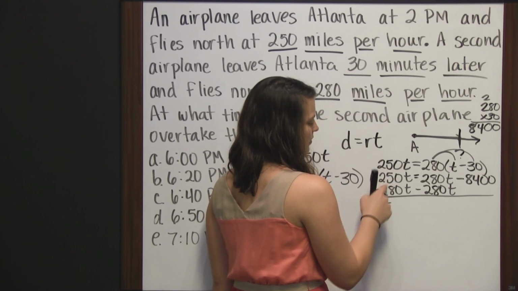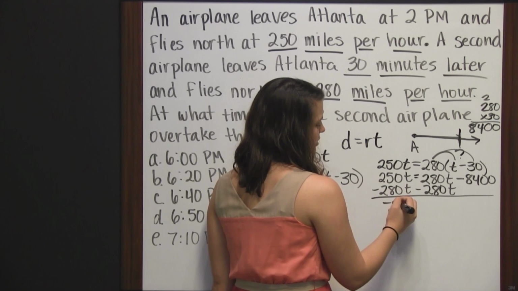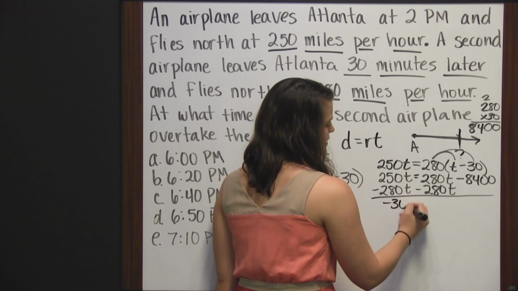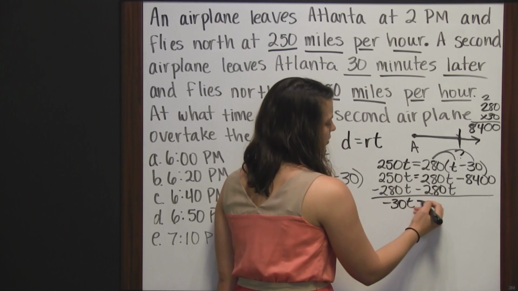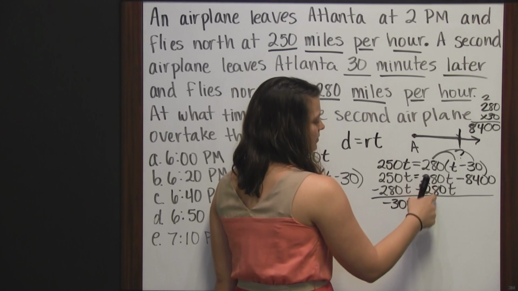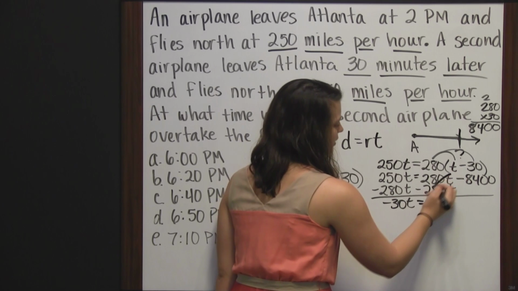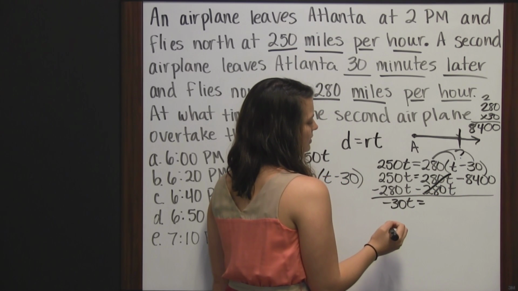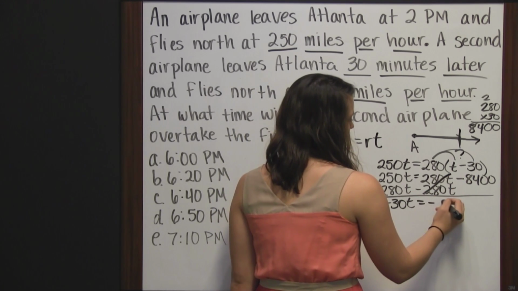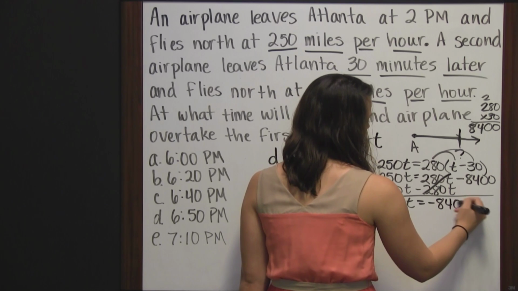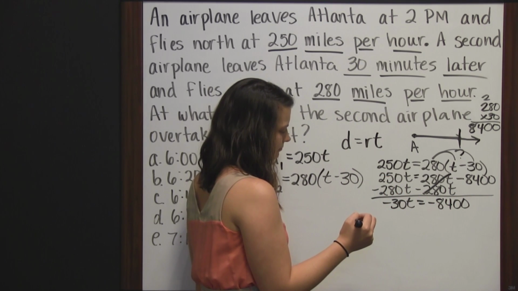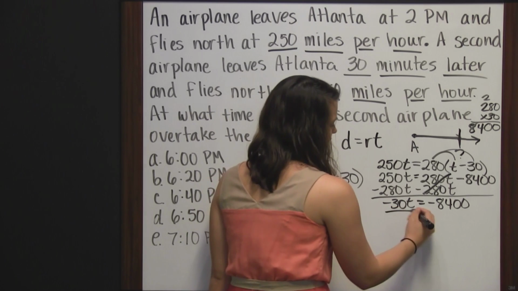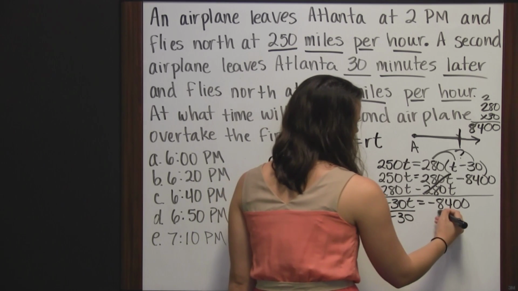And the difference between 280t and 250t is 30t. So negative 30t equals, by subtracting this 280t, I've actually canceled that term on the right side, and I'm left with negative 8,400. To solve for t, then, we need to divide both sides by negative 30.